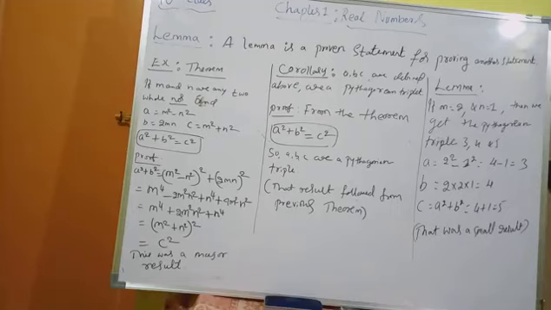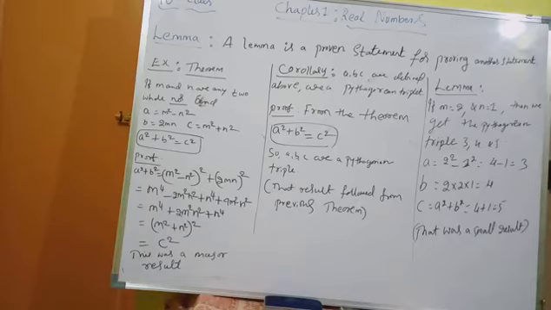The symbol used to represent rational numbers is Q. What are irrational numbers? An irrational number is a non-terminating and non-recurring decimal which cannot be expressed in the form of p by q, where q does not equal 0. Examples: root 2, root 3, root 5, pi, and so on.